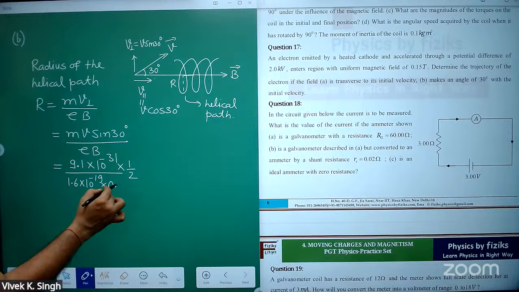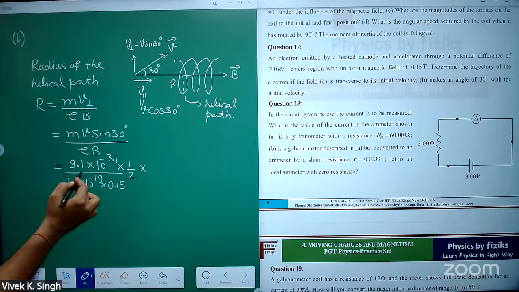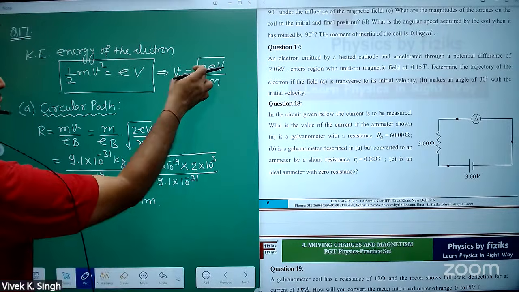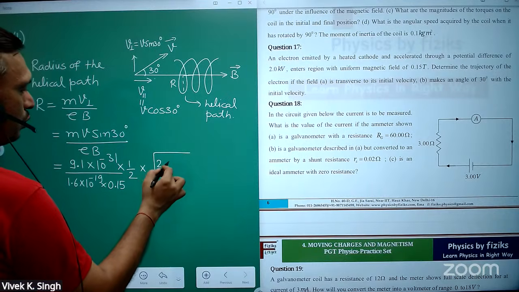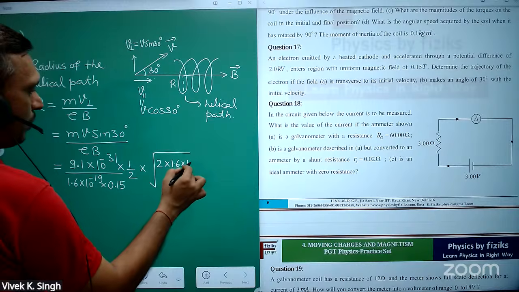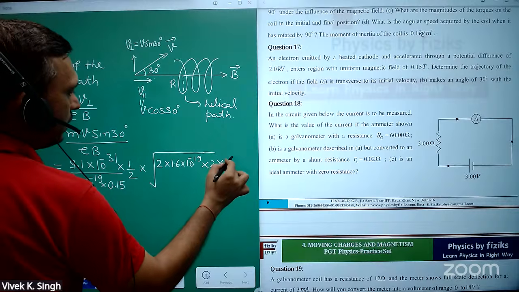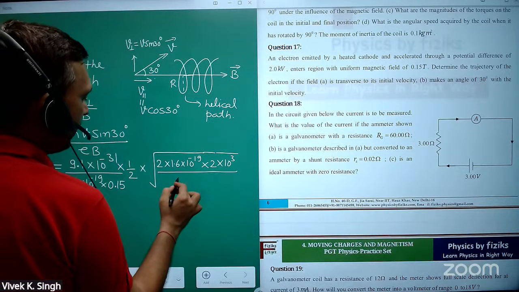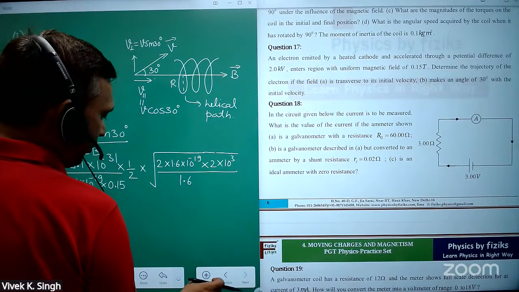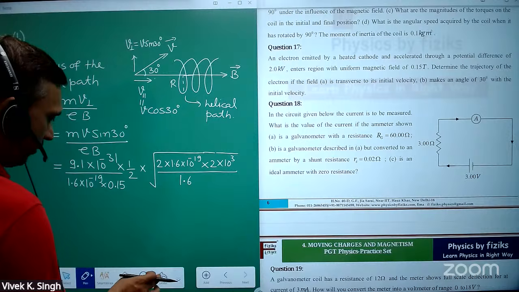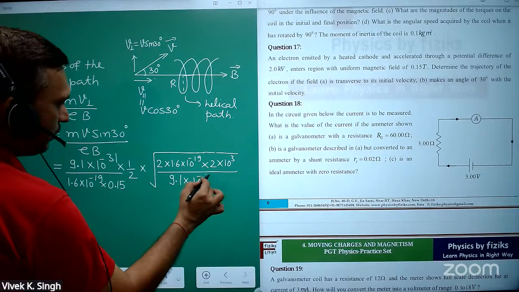B is given by 0.15, and V is given by 2eV by m. Just see, we have taken this 2eV by m. So take 2 times 1.6 times 10 to power minus 19, this is 2 into 10 to power 3, divided by the mass 9.1 times 10 to power minus 31 kg.